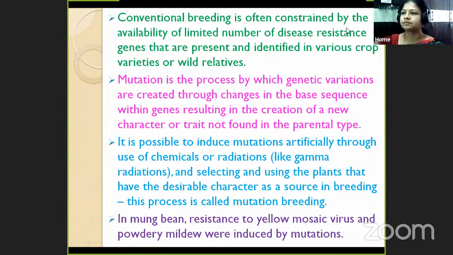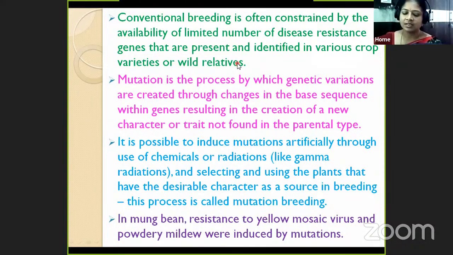And instead of conventional breeding, mutational breeding is used to develop a number of disease-resistant varieties. With the help of conventional breeding, fewer desirable genes are identified and fewer disease-resistant varieties are developed.